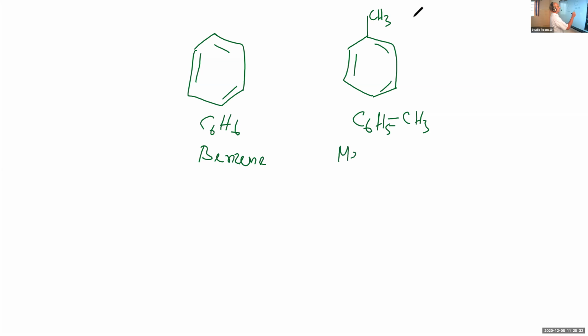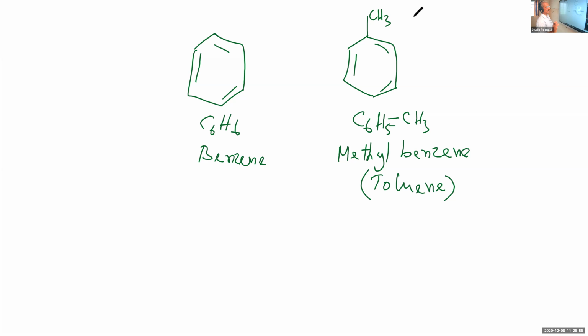The compound is methyl benzene. The CH3 group is the methyl group. The very common name is toluene. C6H5CH3, methyl benzene or toluene.